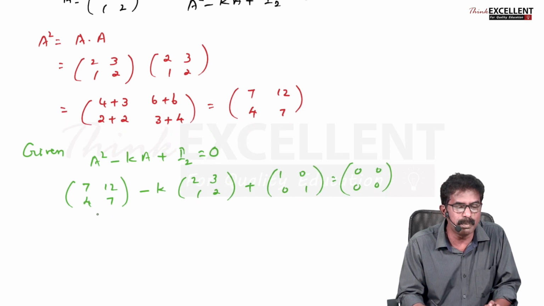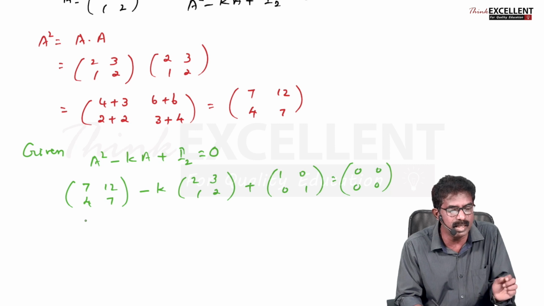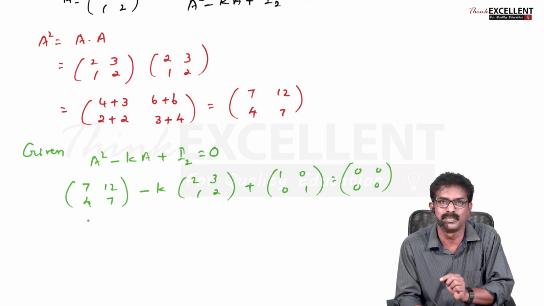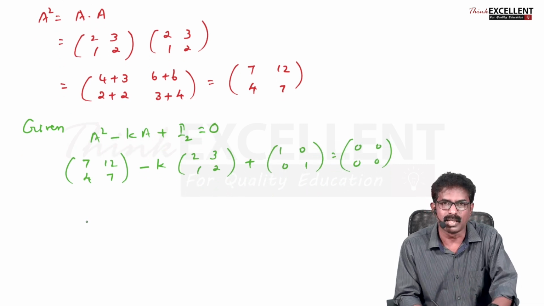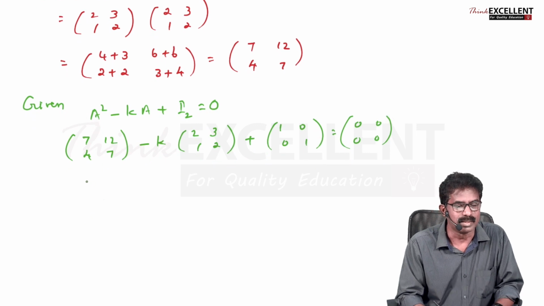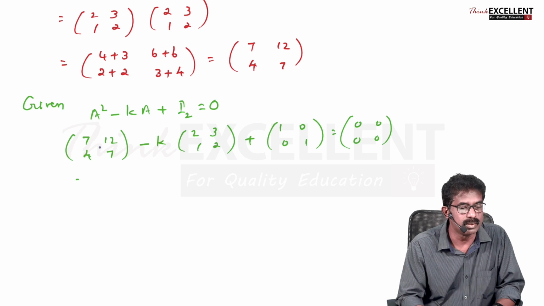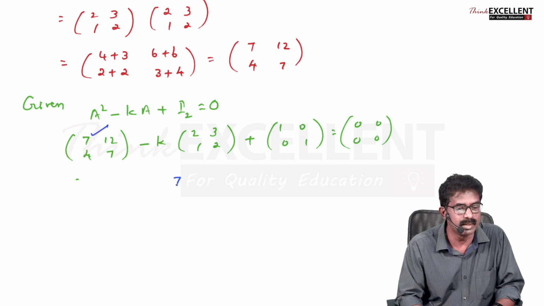Okay, even one part is enough. If you want, you simplify fully. Otherwise, you take only the first element alone. But if you want to do it fully, okay, listen. Taking the first element alone, here what is that? 7.